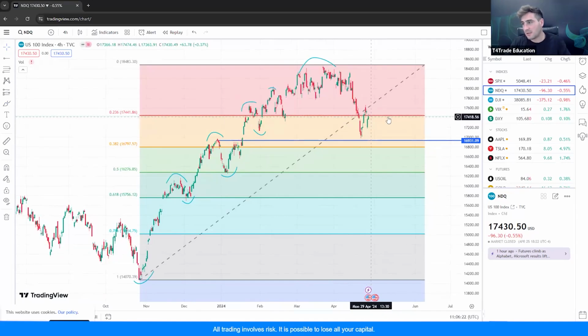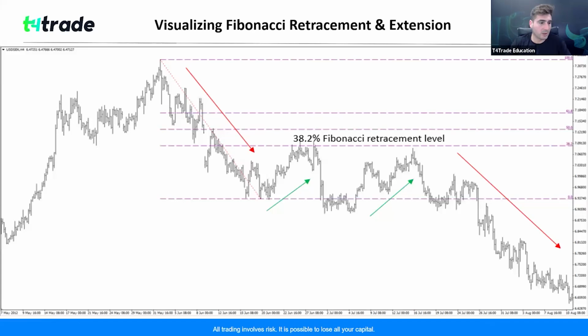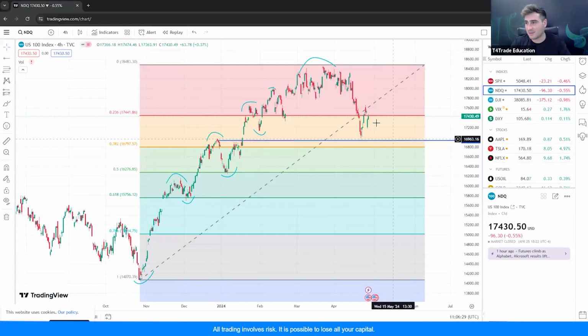Yes, yesterday we're probably going to have an open in the green. Maybe, sorry, we're going to retest this area right here once again. So a clear break above this level cannot be interpreted as a long signal.